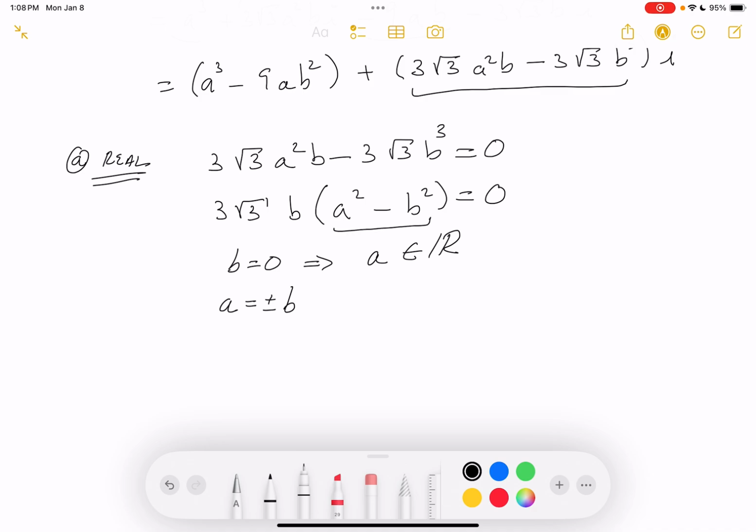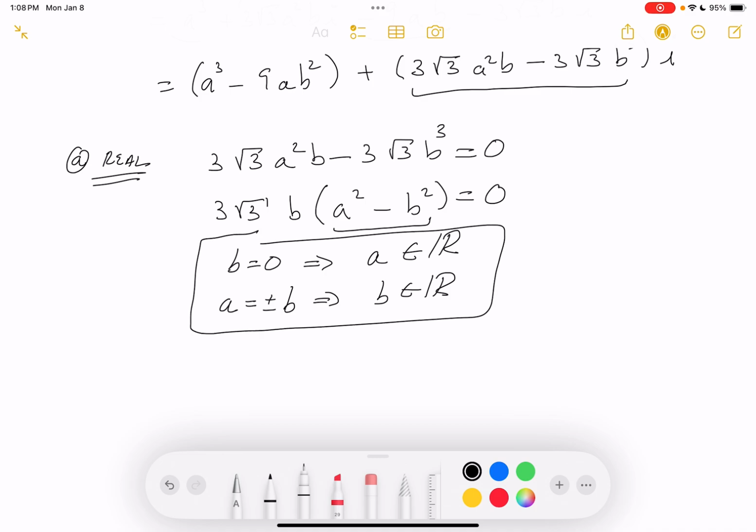If that's the case, this factor becomes 0, and that would tell me b could be any real number. So these are the conditions for that expansion to give me a pure real number: b is equal to 0 and a could be any real number, or a could be plus or minus b, and then b could be any real number in the universe, by the way.